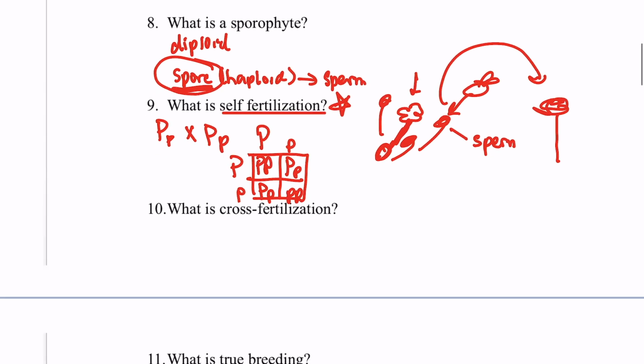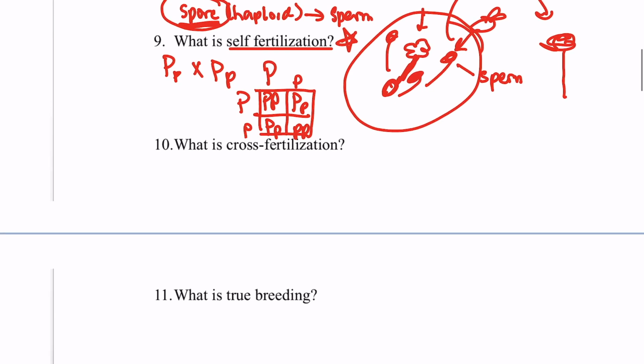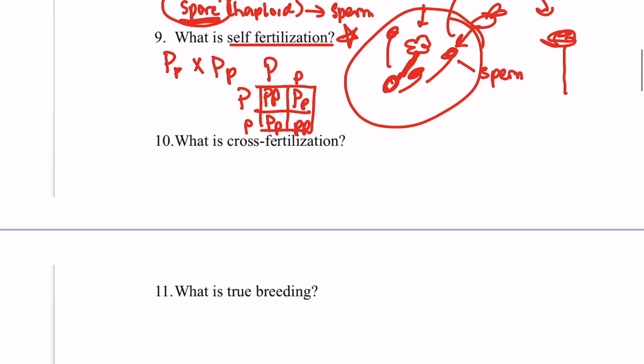And it's super easy to do in plants, especially pea plants, because you can just keep the flower closed and not touch it, and it'll self-fertilize. So number 10, what is cross-fertilization? This would be our whole bee scenario, right? Our little bee comes in, goes to the pollen of one of the flowers, and then the bee travels to another flower and fertilizes that flower.